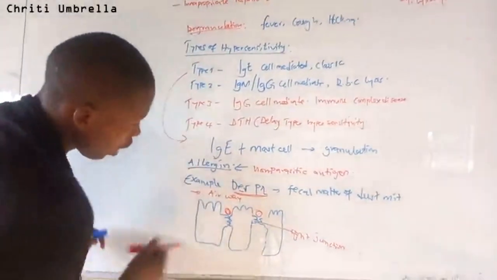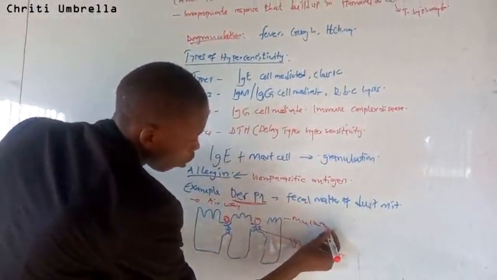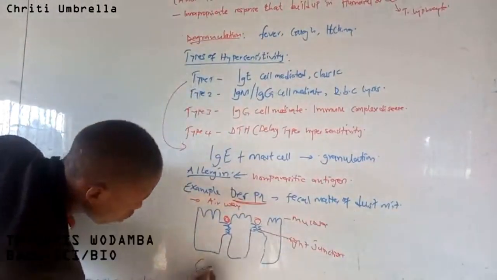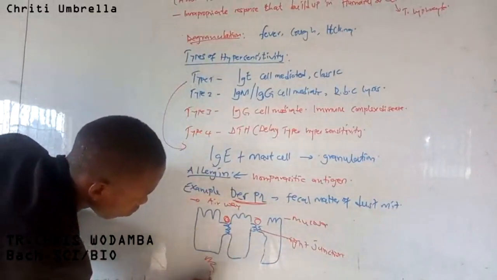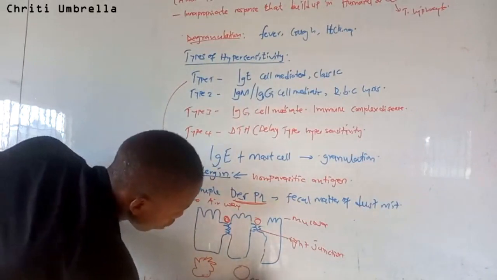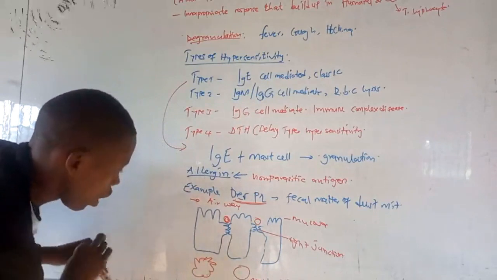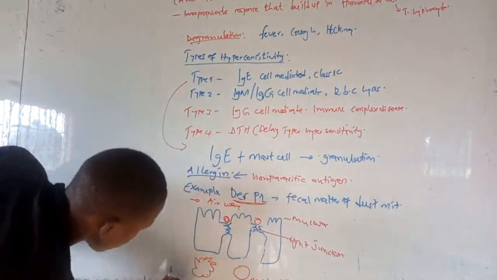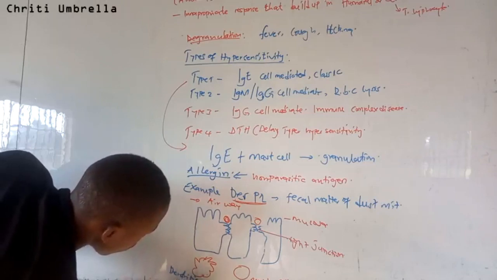Remember, this one is called the mucosa. Inside this mucosa, there are cells. We have the dendrite, we have a mast cell, and we have what we call dendritic cells.